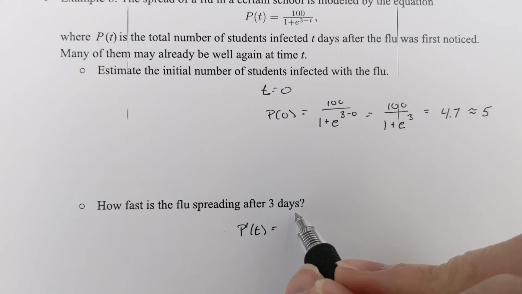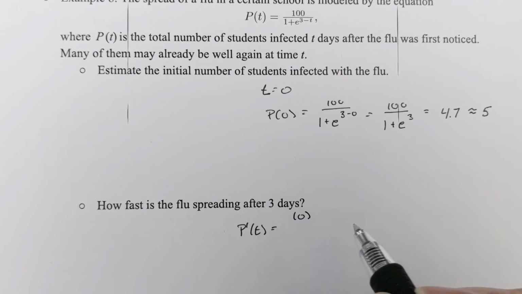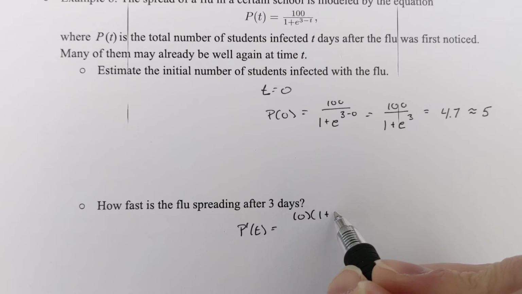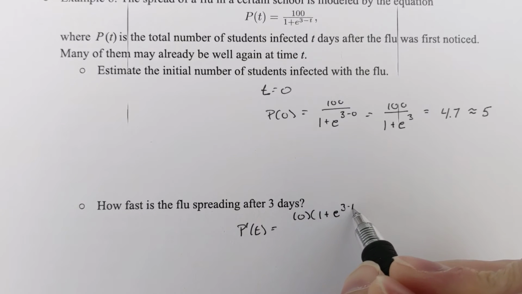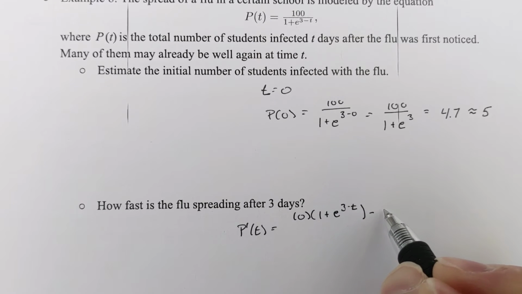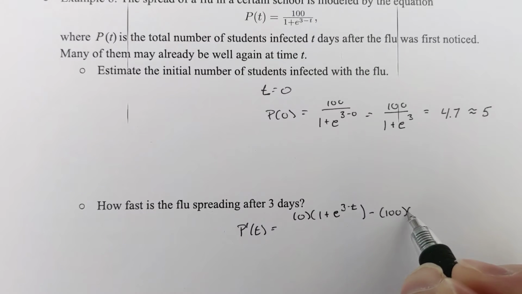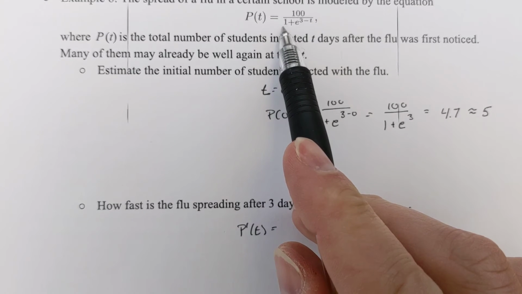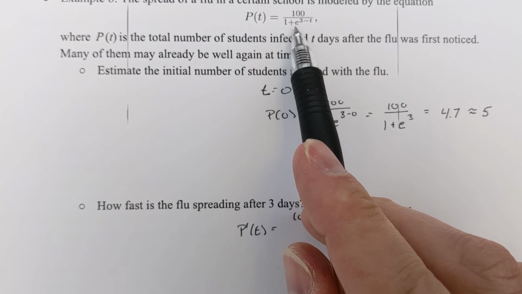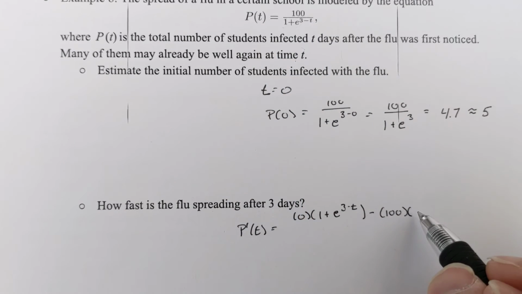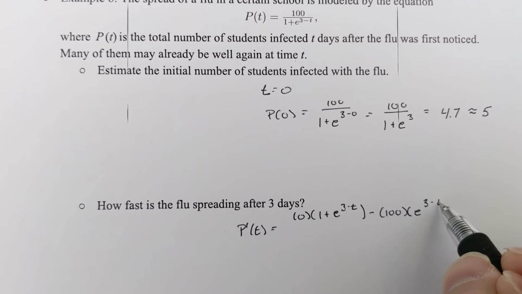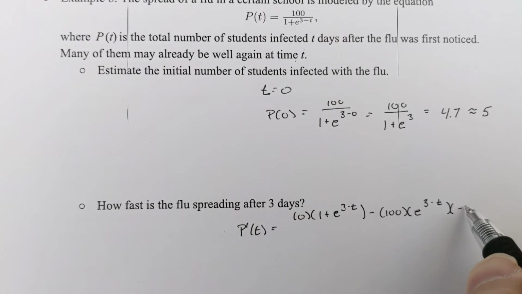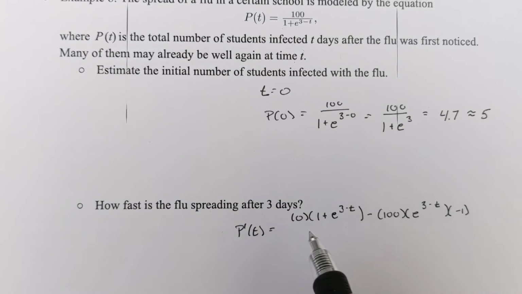The quotient rule is the derivative of the top, which is 0, times the bottom, minus the top, times the derivative of the bottom. The derivative of the denominator: the derivative of 1 is 0, it goes away. The derivative of an e term is the original expression, and then times the derivative of the exponent. So that's where the negative 1 comes from. It's the derivative of the 3 minus t.